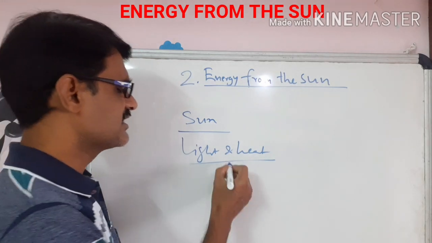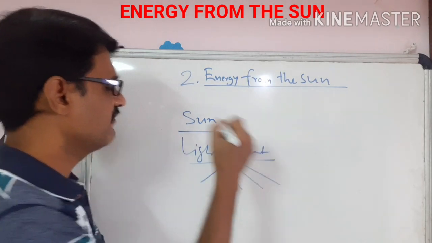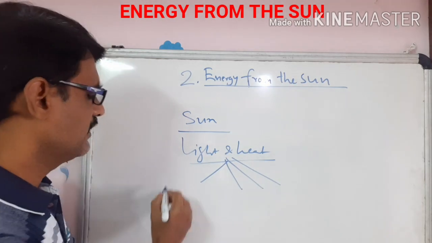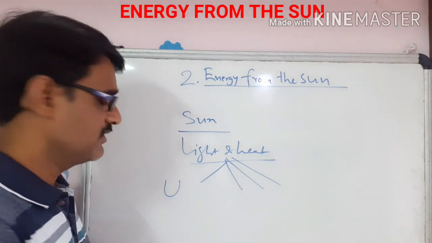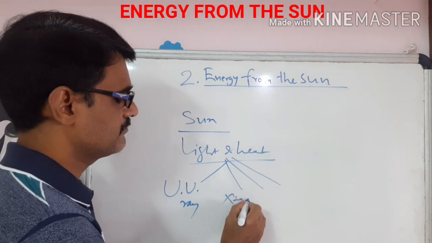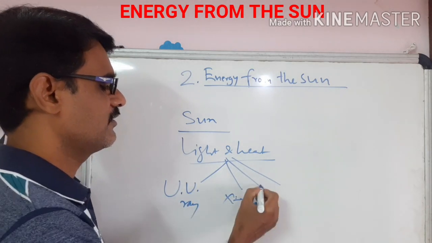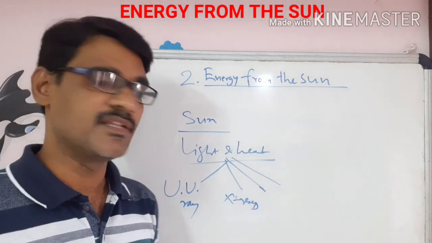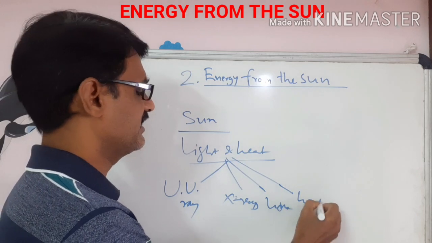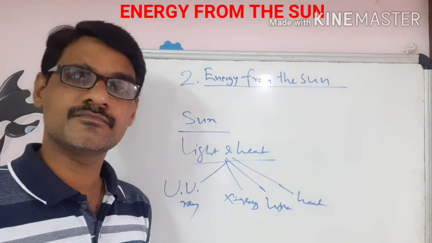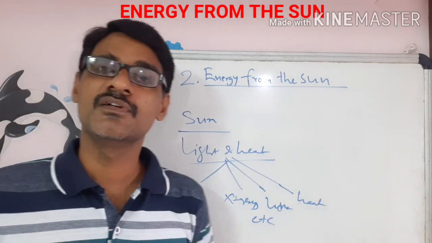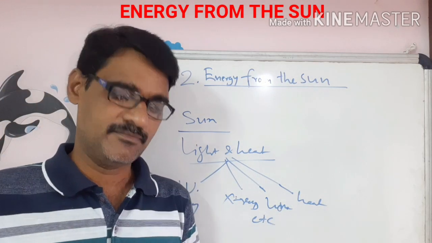Of course, it is coming in different forms. For example, in the form of UV rays, X-rays, in the form of light, and in the form of heat, and the other types of rays are also there.